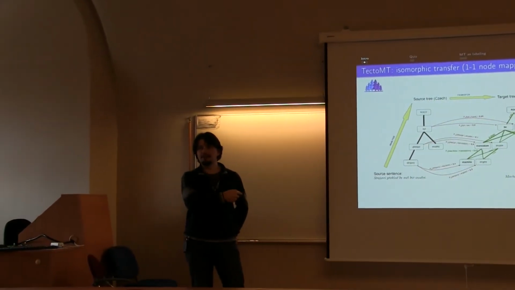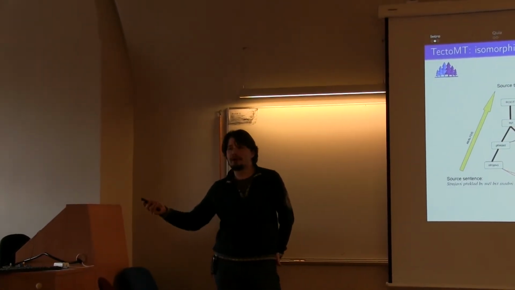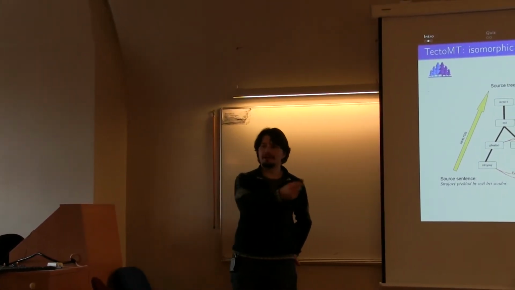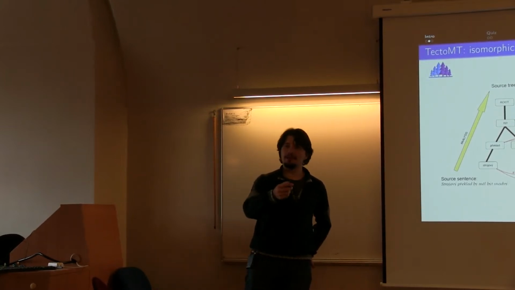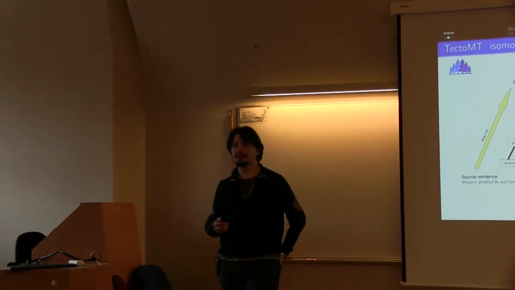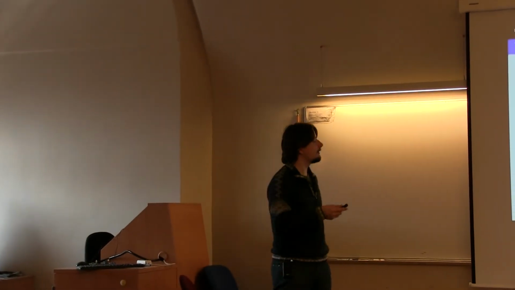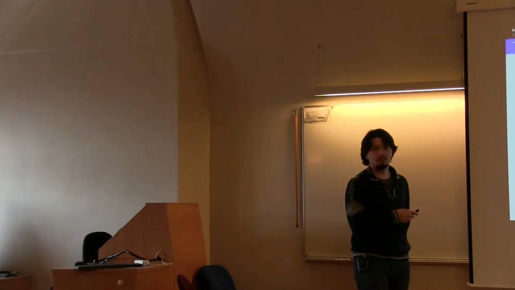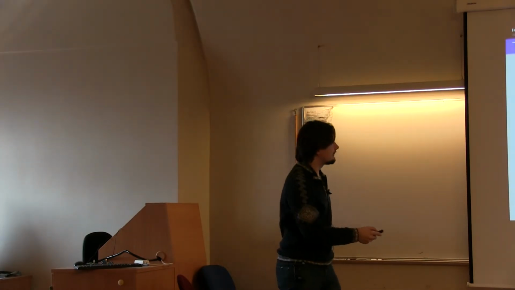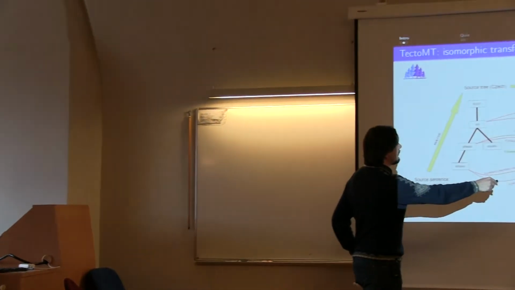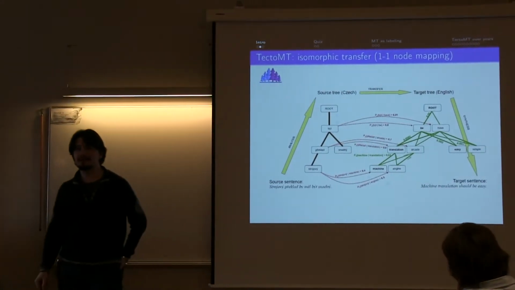So we are not able to translate some sentences correctly. For example, "typewriter" should be "psací stroj". These are two tectogrammatical nodes, "psací" and "stroj", and only one in English. So we will not translate it correctly, but we have some ways to handle it. I have a slide about this. And this is one node, and there are just two labels how it can be translated.